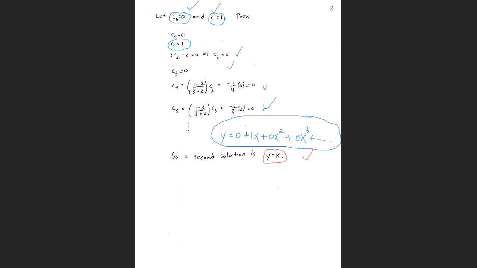Yeah, but say C sub 0 equals 0 and C sub 1 equals 1 gives you an answer of y equals x. That's almost no information. If you can really pick anything, you would just have two solutions of y equals x, and that doesn't really tell you anything. I don't think you'd get that for the first one.